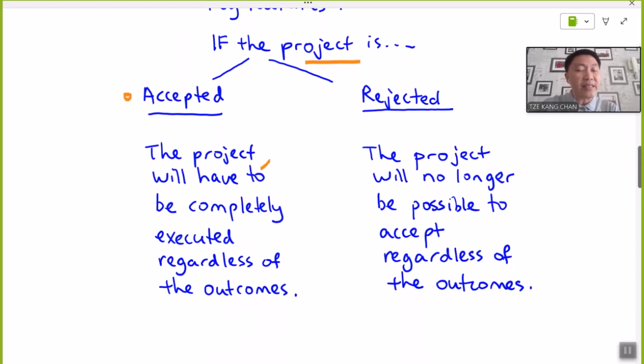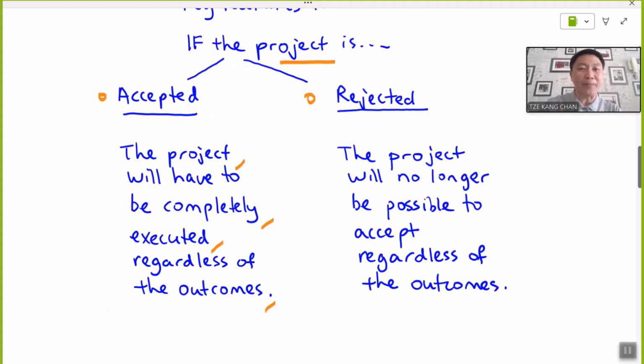It simply means this project will have to be completely executed regardless of the outcome. Whether or not the end result turns out to be as planned, we have no choice. Once it is accepted, the company will have to fully complete the project. The reverse is also true.